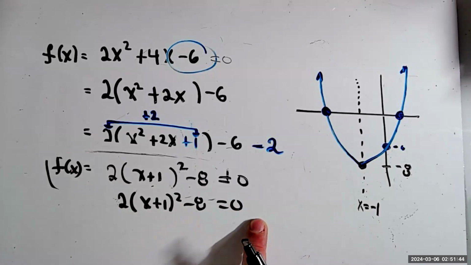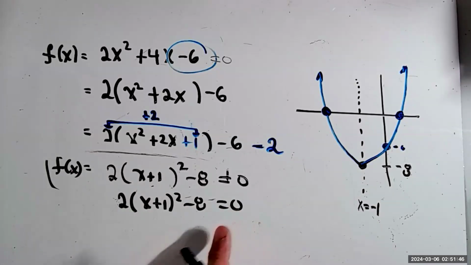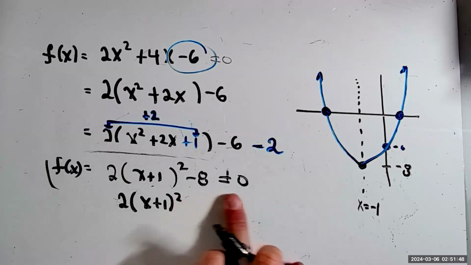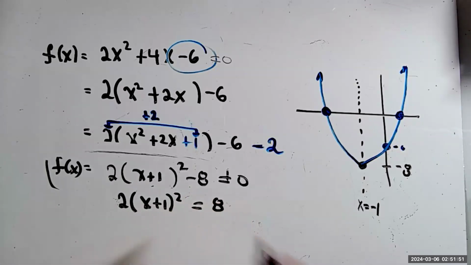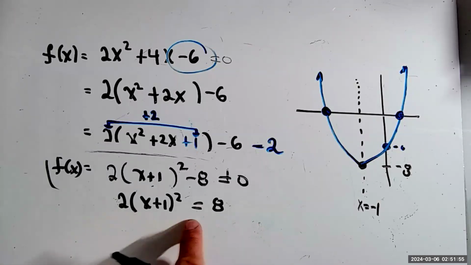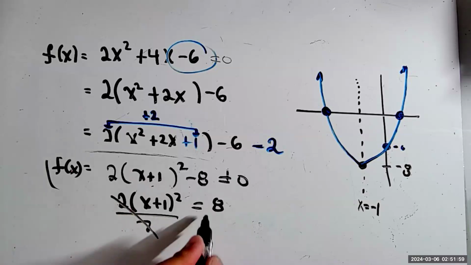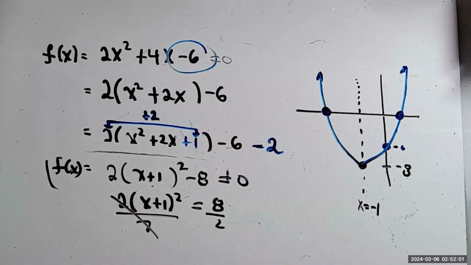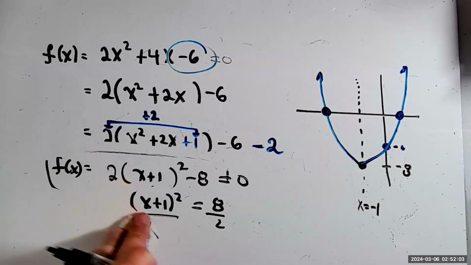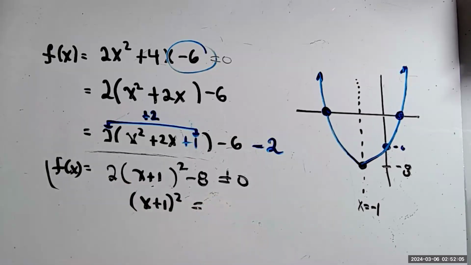I can add 8. Because of the space, I'm going to be a little bit lazy. It's going to be equal to 8. We added 8. I need to get rid of the 2, so I divide by 2. 2 divided by 2 is 1, and 8 divided by 2 will be 4. So we end up with this.